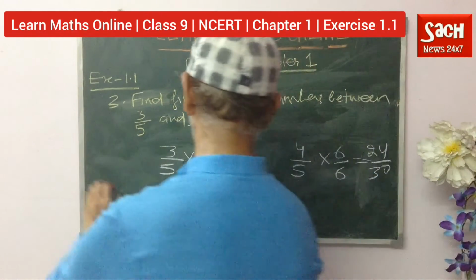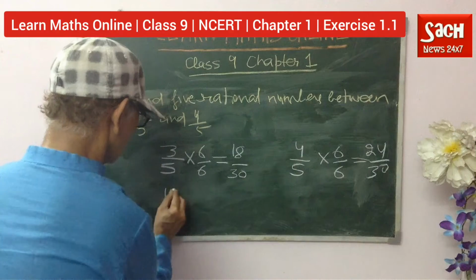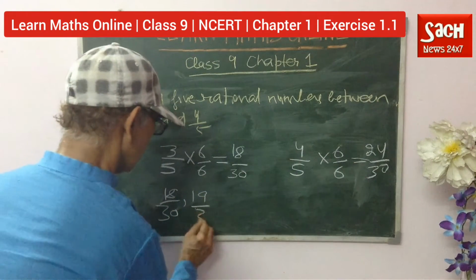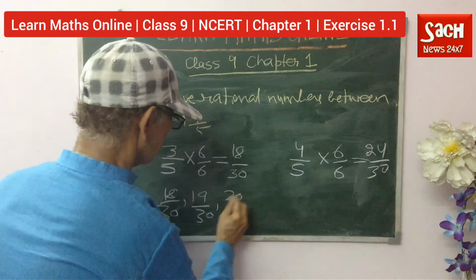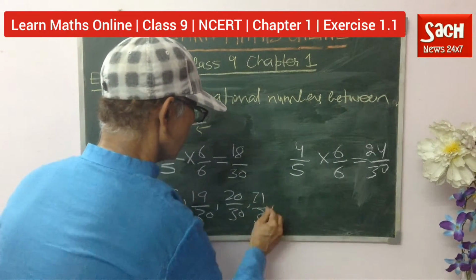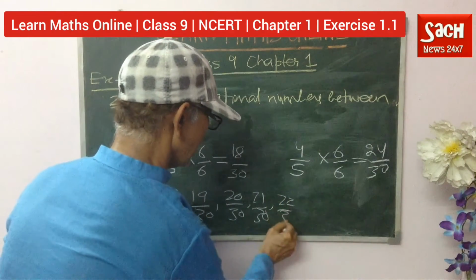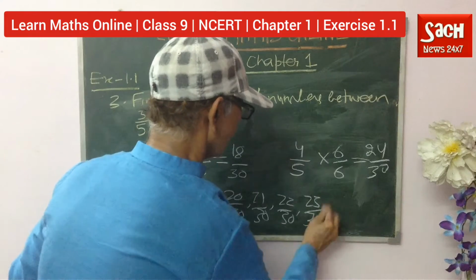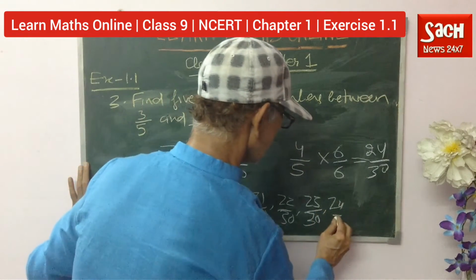Now write the numbers 18 by 30, 19 by 30, 20 by 30, 21 by 30, 22 by 30, 23 by 30, 24 by 30.